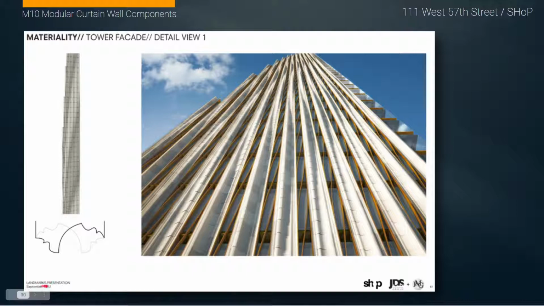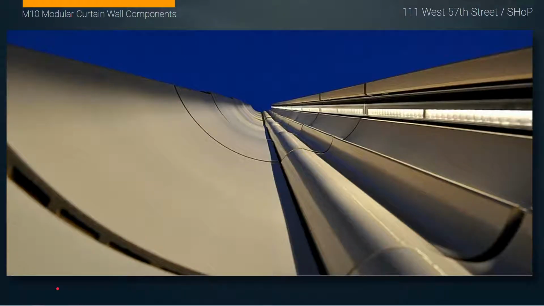And this was a landmarks presentation. Another thing that makes this system remarkable are these LED lighting systems that help to play up the curved shapes that were developed in the extrusion of the terracotta.